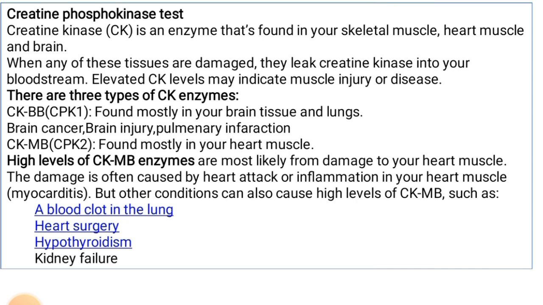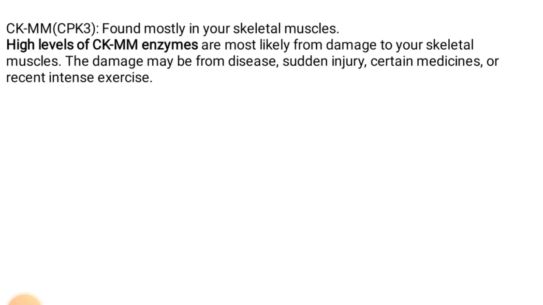And the third one is CKMM, also called CPK3, which is mostly present in the skeletal muscles. A higher level of CKMM is most likely to come from damage to your skeletal muscles. This damage may be from a disease, sudden injuries, certain medications, or recent intense exercise. So any type of muscle damage in the body results in a higher level of CKMM.